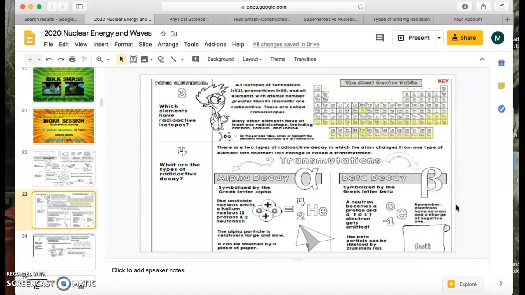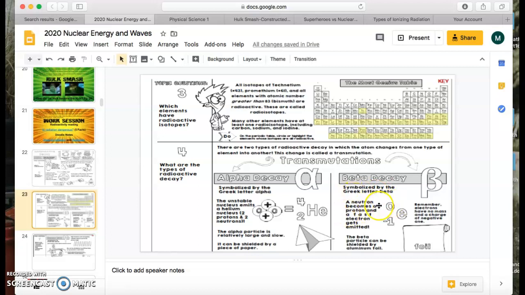Okay? So simplifying this, alpha and beta cause transmutations. In other words, the atom is changing from one thing to another. Alpha releases a helium particle and can be stopped by paper. It's really large, but can only travel a few inches. Beta particles are only emitting an electron. How do I get the electron?